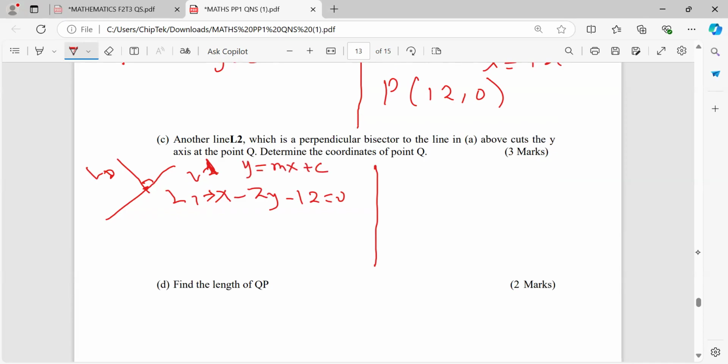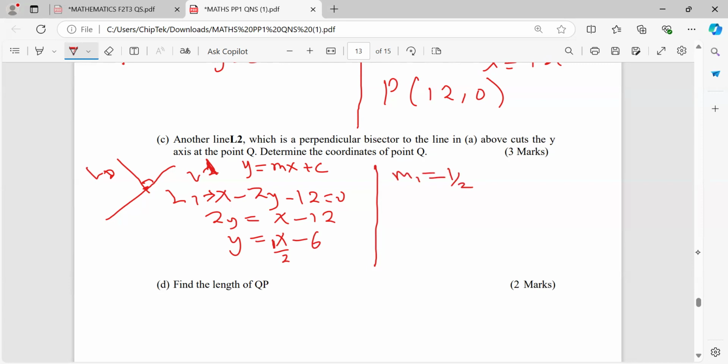So let's say 2y tupeleke huku kwa positive, 2y equal to x minus 12, divided by 2, y equal to x over 2 minus 12 divided by 2 ni minus 6. So the gradient ni half. So m1 equal to half.